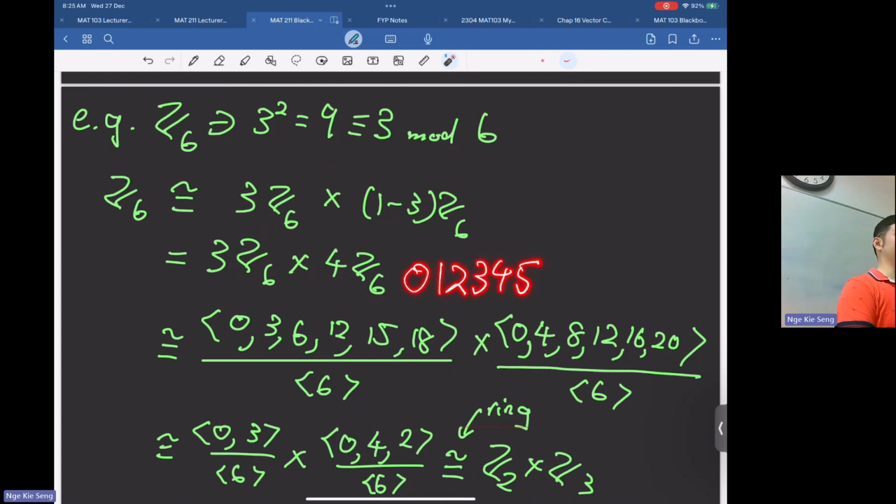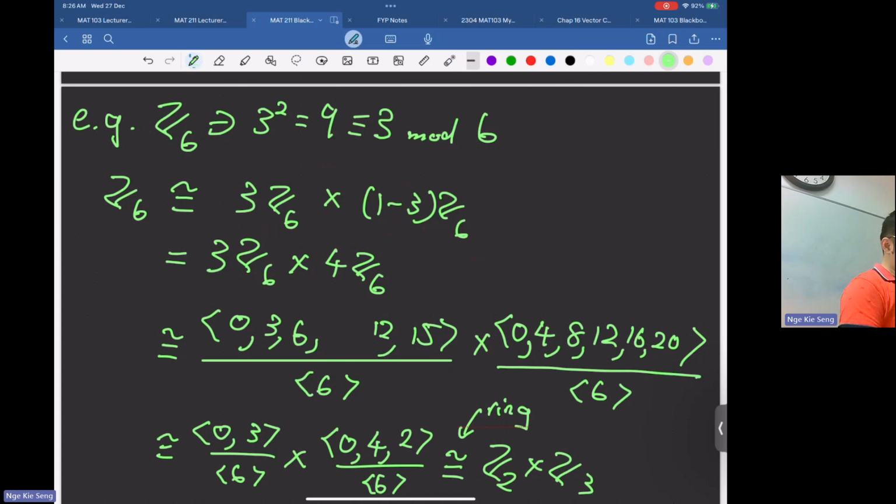Okay, no more 6, right? 6 is 0. Every number you multiply by 3. Shouldn't be 18, should be 9. Of course you can put 18 in because 18 is just 0, it's the same concept as 0, but we should have 9. Okay. Any other question?